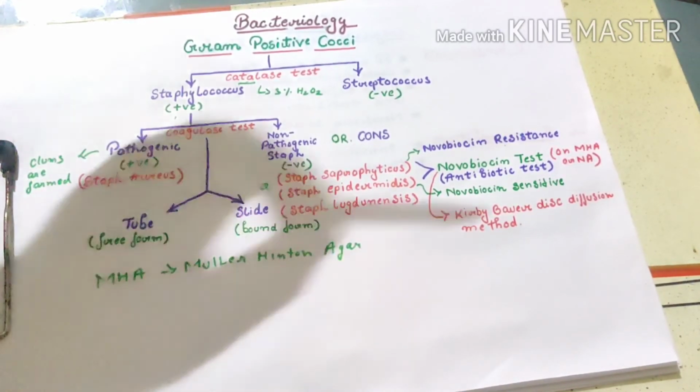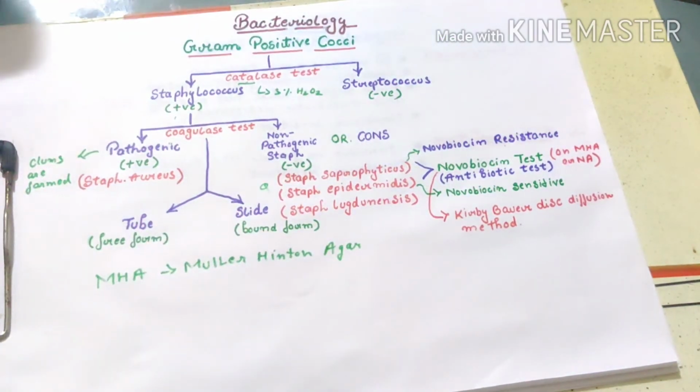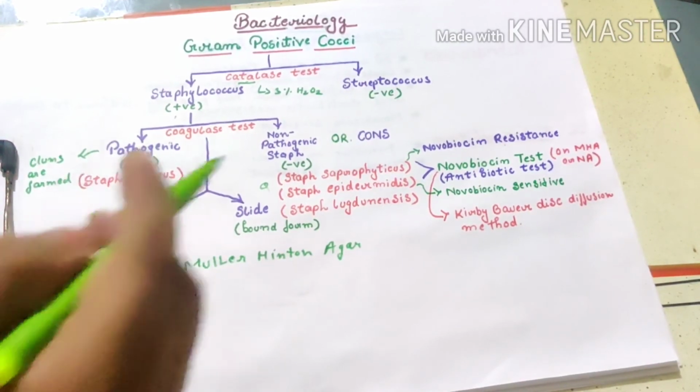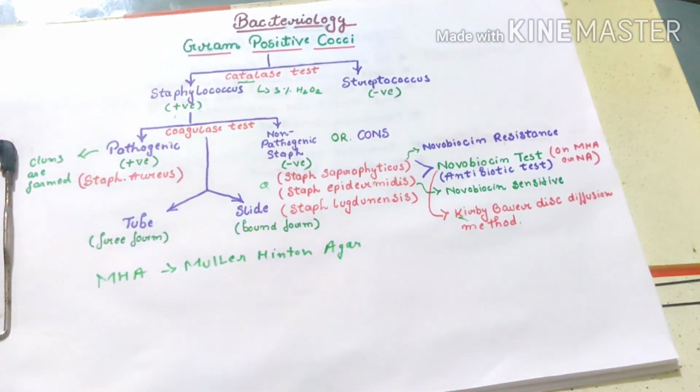Either we can perform it on MHA or NA, but it is preferable to perform it on MHA. The method applied behind this test is the Kirby-Bauer disc diffusion method.